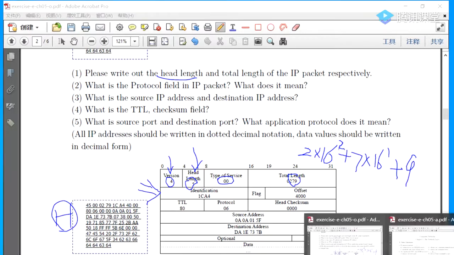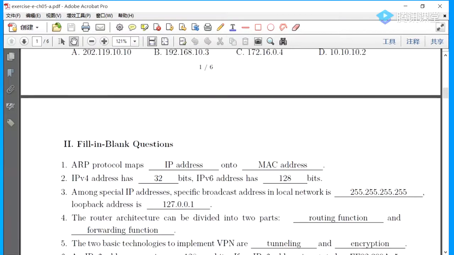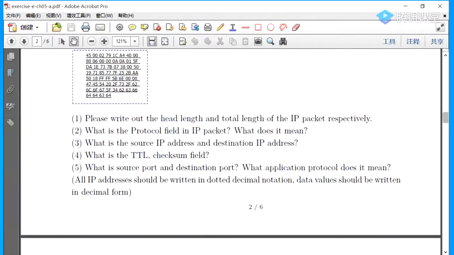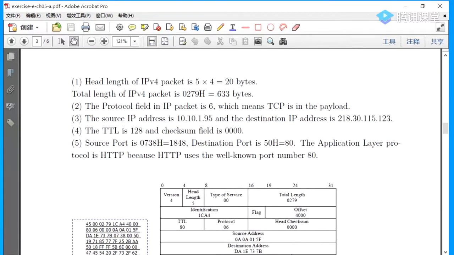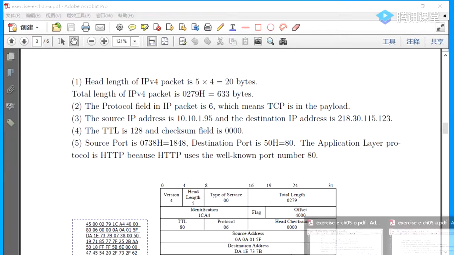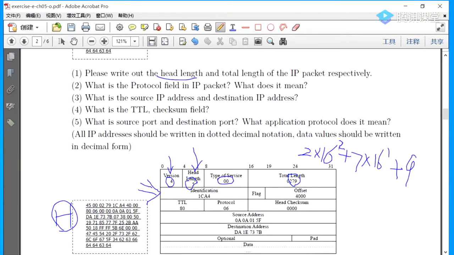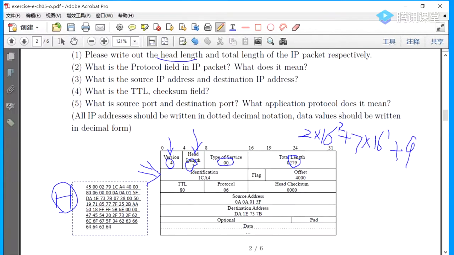So we can get the value, which is 633 bytes, right?